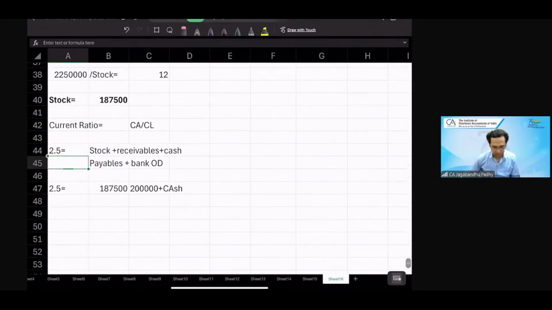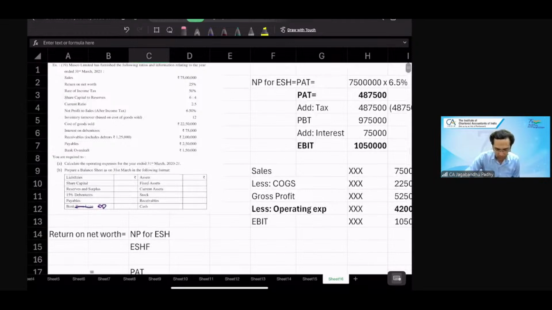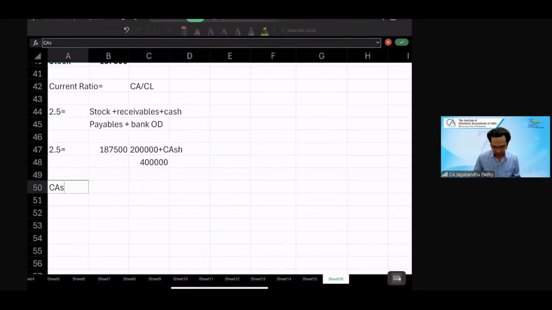This entire thing is divided by payables and bank OD, which are already given. Payables is 2,50,000, bank OD is 1,50,000, so total it is 4 lakh. Now we can solve it and get the value of cash.